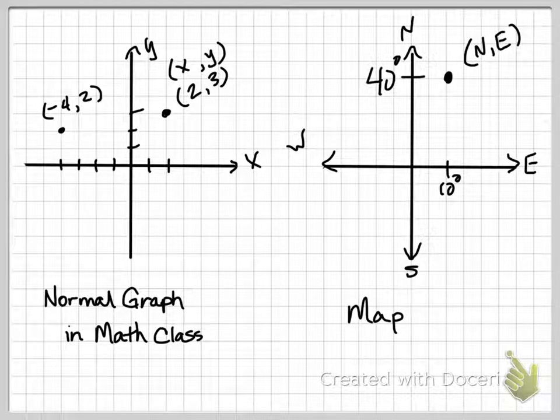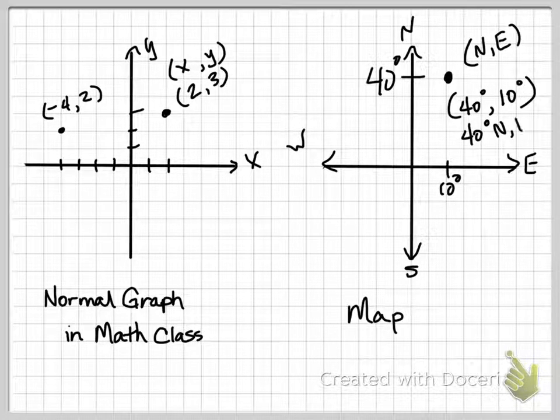So in this case, since we were 10 degrees east and 40 degrees north, we're going to have 40 degrees north, 10 degrees east. And what they would usually do is they would put like 40 degrees N, 10 degrees E, so that you realize you're going east and not west. So basically a map is just a graph.